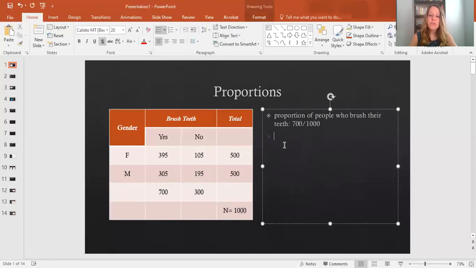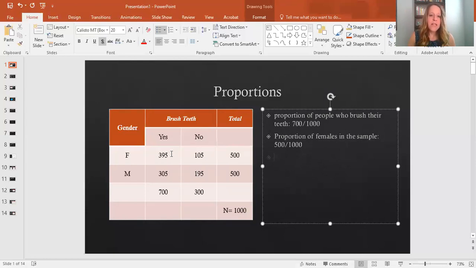If we wanted to know the proportion of females in our study, regardless of whether they brush their teeth or not, we have 500 females out of a total of 1,000 people. So the proportion of females would be 500 over 1,000.